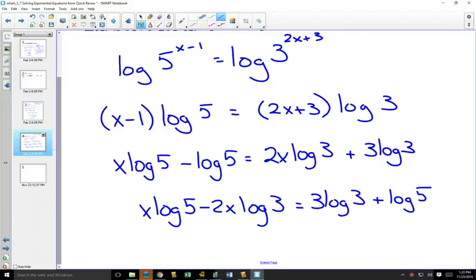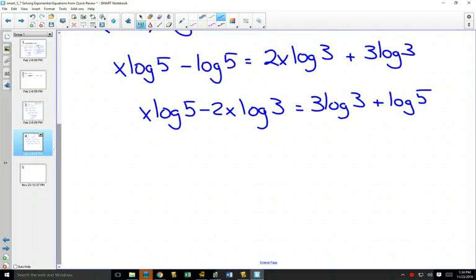So what we're going to do instead to get x all by itself is say, there's an x in this term, there's an x in this term. What could I do that gets one x all by itself? Factor. So we have a common factor here. If you factor out that x, this is what would be left inside.